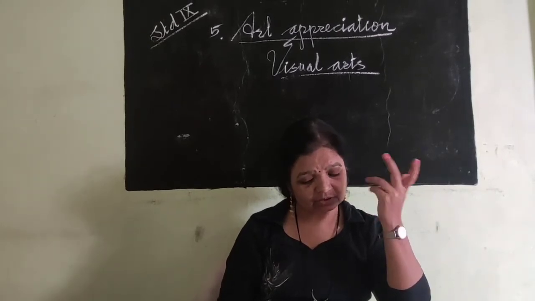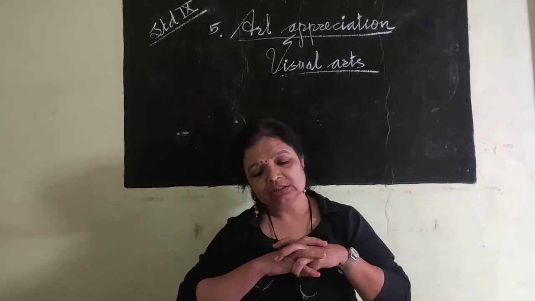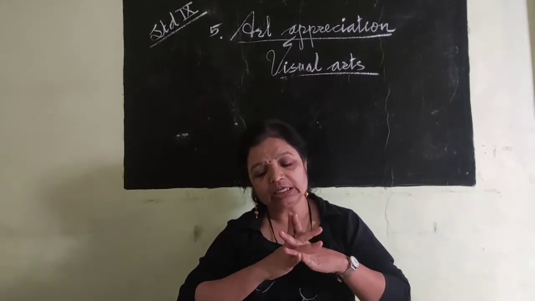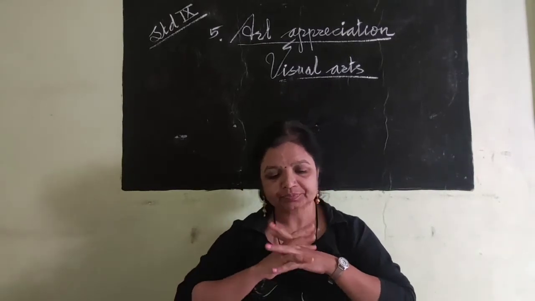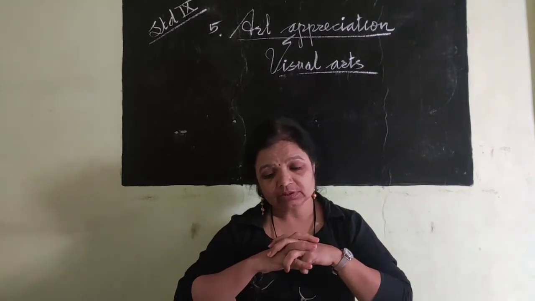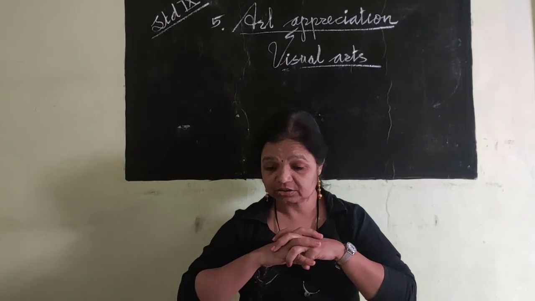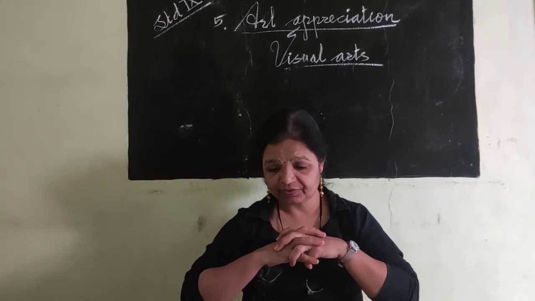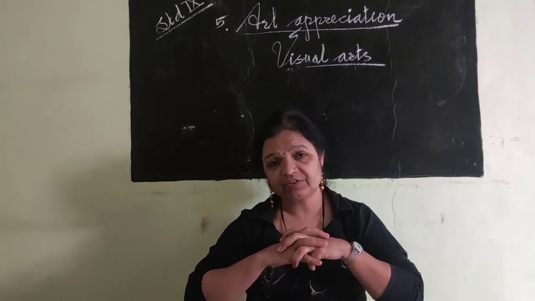Similarly, in visual art, we have the difference. Come to the next page. Some world famous artists. While there have been several great artists in the world, here is a brief introduction to a few of the celebrated ones.